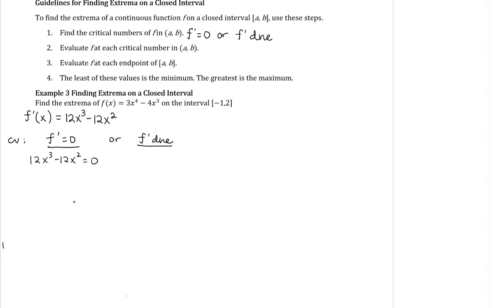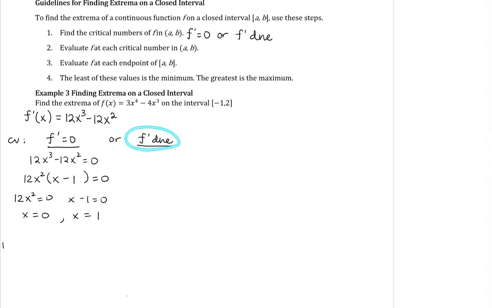To solve this equation, I begin by factoring out the GCF. That leaves me with x minus 1 on the inside of the parentheses. And now I will set both of these factors equal to 0 to find that x is equal to 0 and x is equal to 1. Both of those critical values are in our interval, and so that works. So we have found the places where f prime is equal to 0.